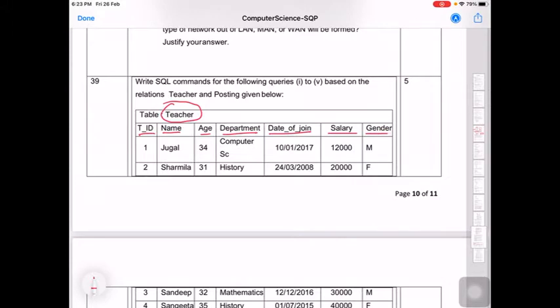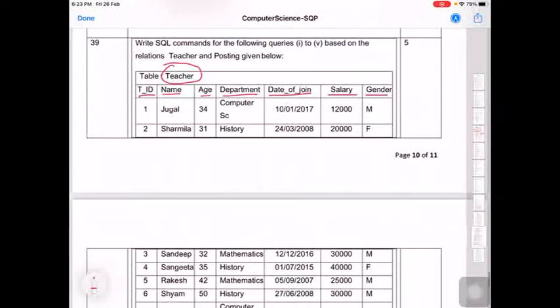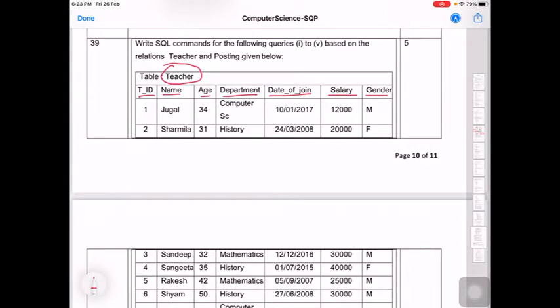These things are to be noted at the beginning. And here you have to attempt all the 5, 1 mark for each query.